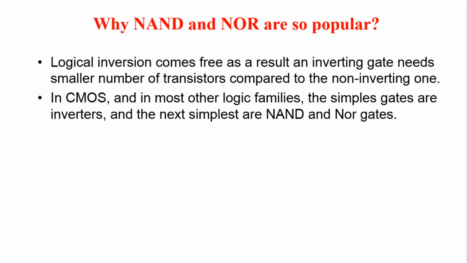Also, we can use NAND and NOR gates for simplification of any expression, for designing any type of structure in digital families. So that's why they are more popular and widely used.